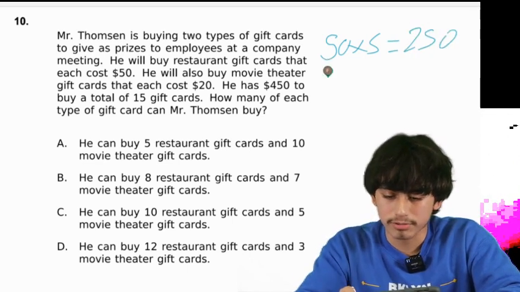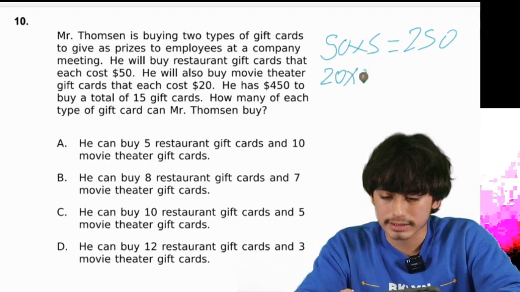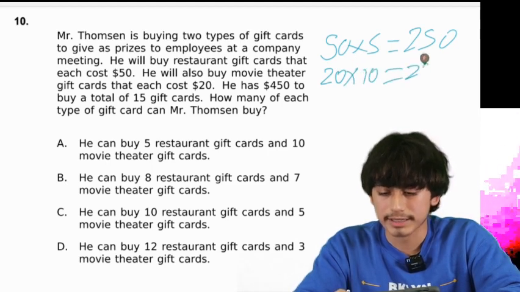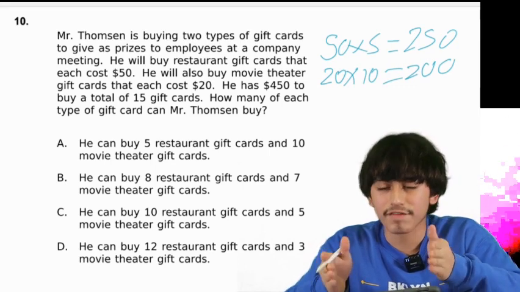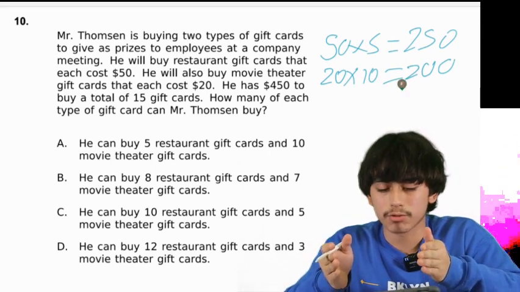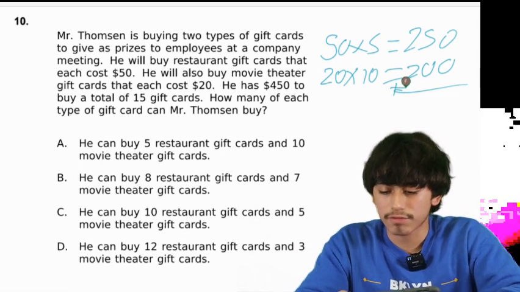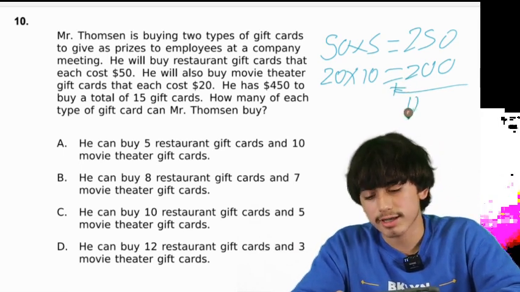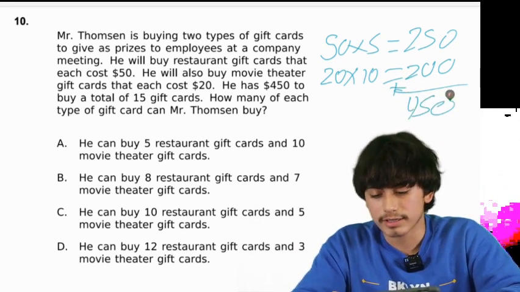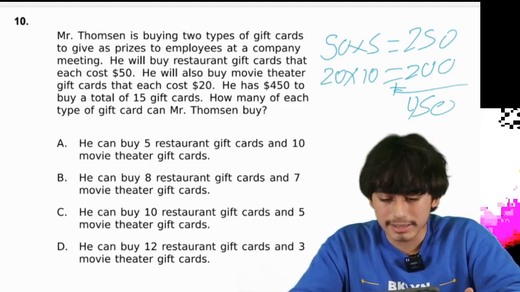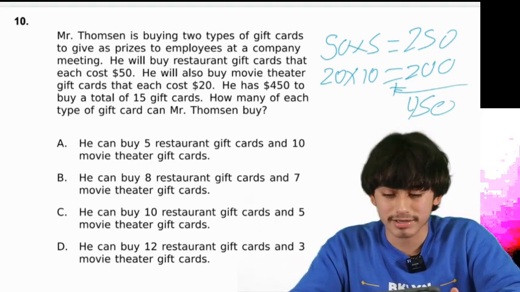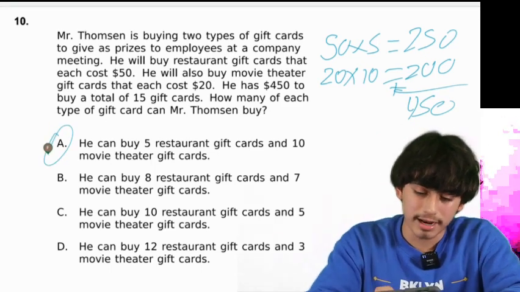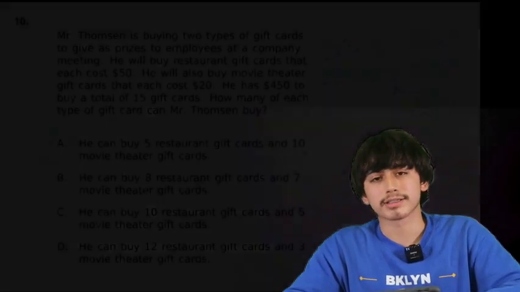And if we do 20 times 10, it's going to equal 200. What we're looking for is if it meets the budget that he's going for. If we add 250 plus 200, it's going to be 450. It meets the amount of gift cards he wants to buy and the amount of money he's trying to spend. So answer A would be the correct answer.